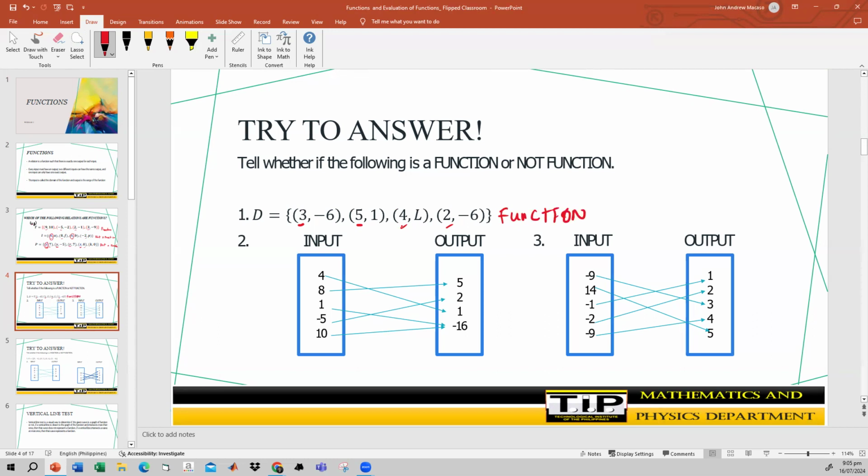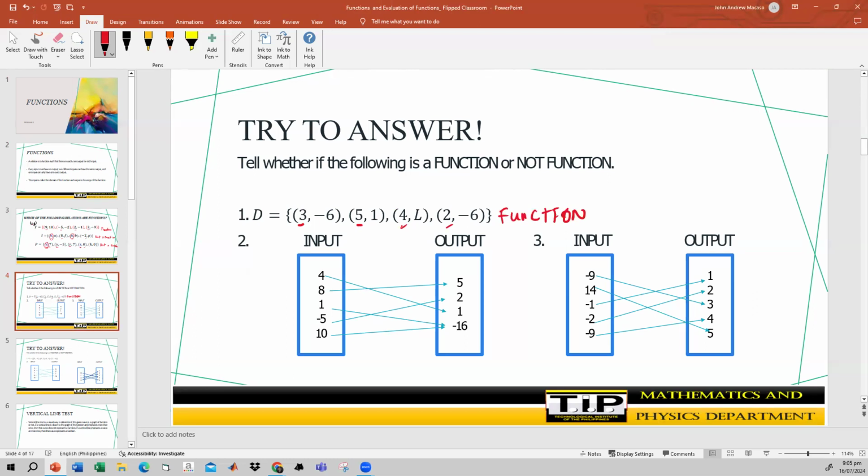Okay, so what if we have this? What if we have a graph of the input and the output, or the X and Y, right? This is just the same. What you need to do is check each input of this given graph, and in every input, there's exactly one output.